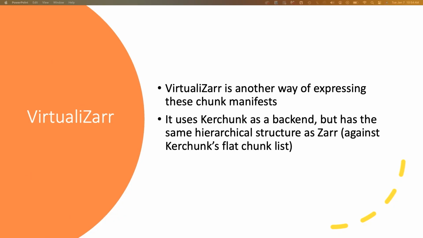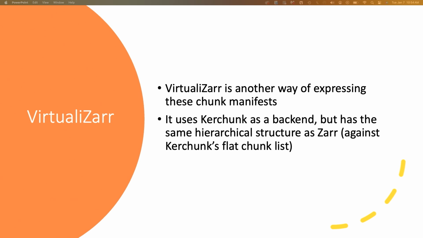So nowadays, there are a couple of new technologies that have come up. VirtualiZarr is one of them. VirtualiZarr started as a way to create these chunk manifests in software, right? So what you would do is, in Xarray, or if you use DimensionalData in Julia, which is our equivalent.